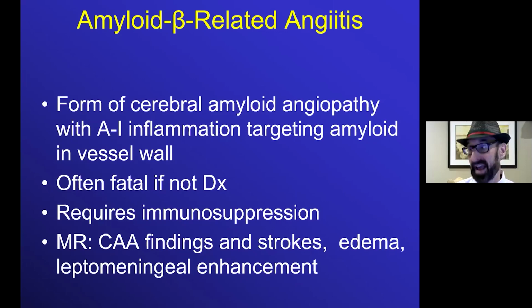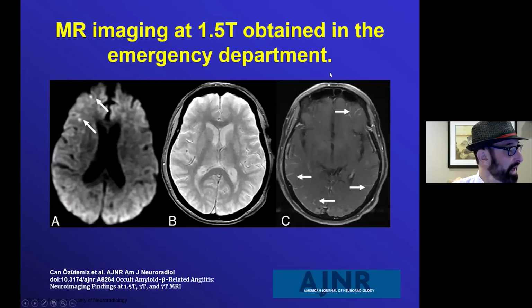This is the amyloid beta-related angiitis. And here's an example from the AJNR with multiple small strokes, as well as the meningeal enhancement that was associated with the occult amyloid beta-related angiitis of amyloid angiopathy.